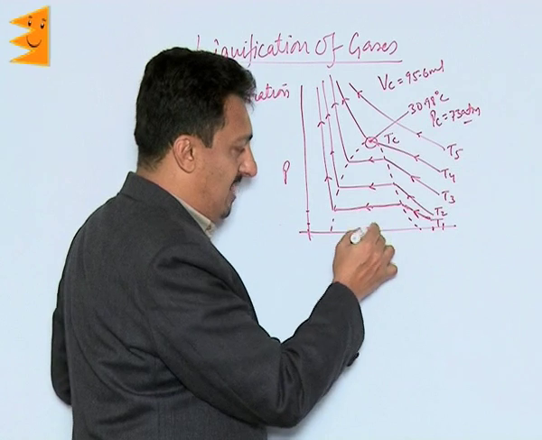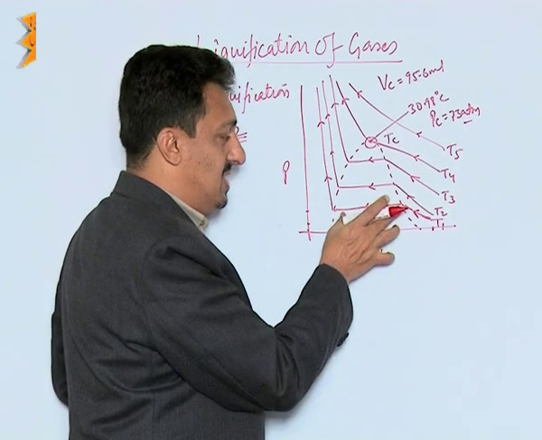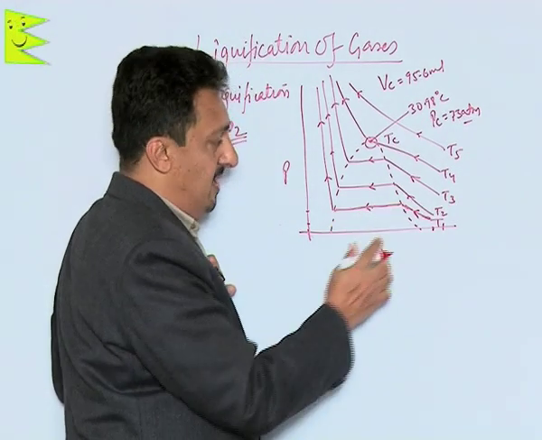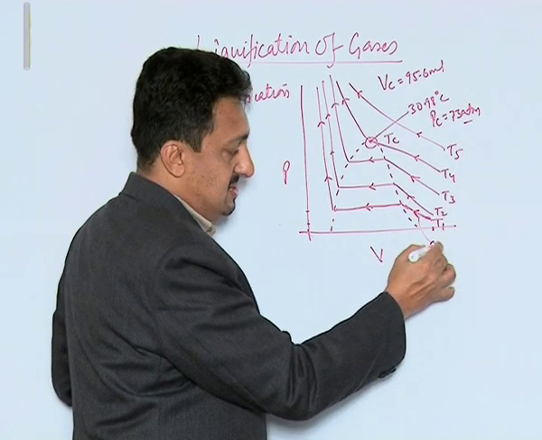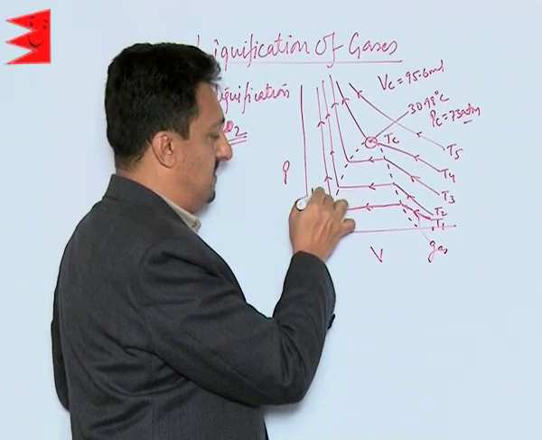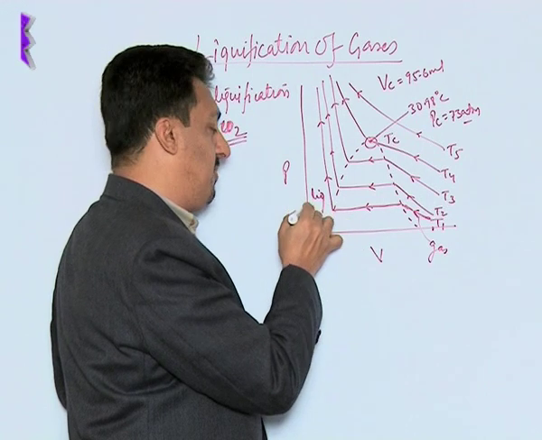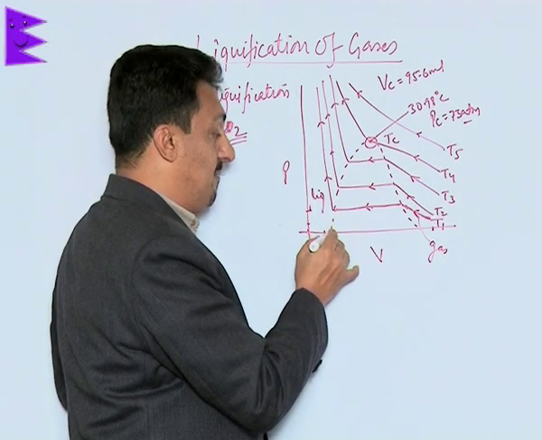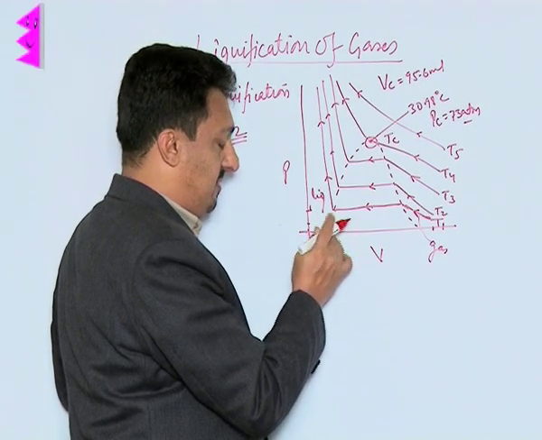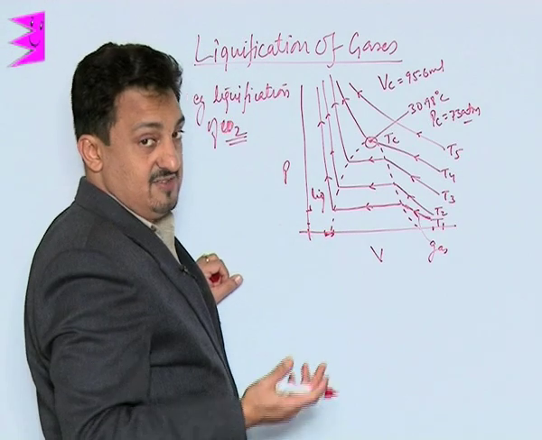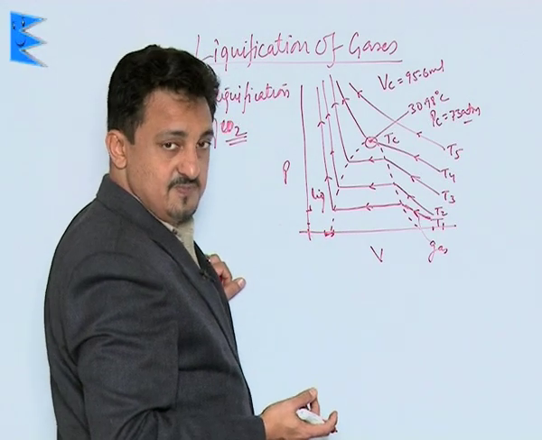This horizontal line parallel to the x-axis is an indication that the liquefaction process is going on. Before this it's a gas, and after this it's a liquid, and then you keep on increasing the pressure. The compressibility of the liquid is not much, which shows that the substance has been turned into a liquid state.